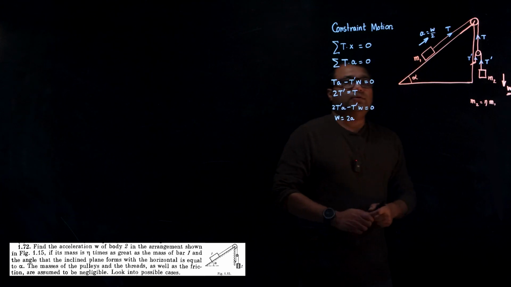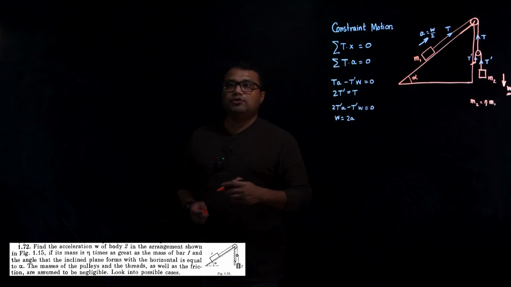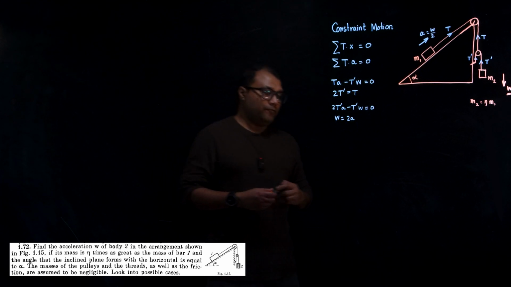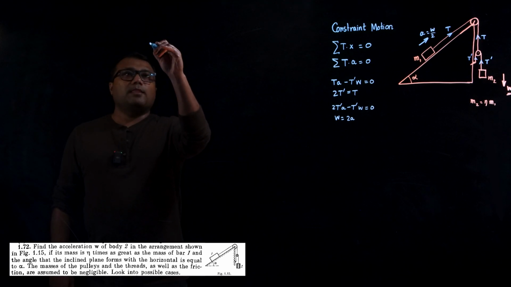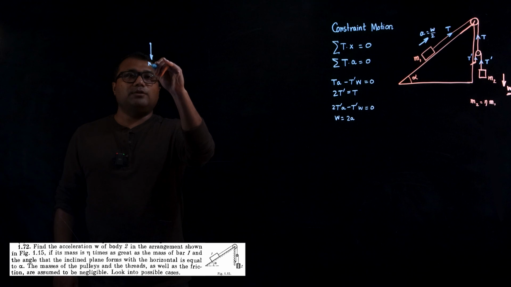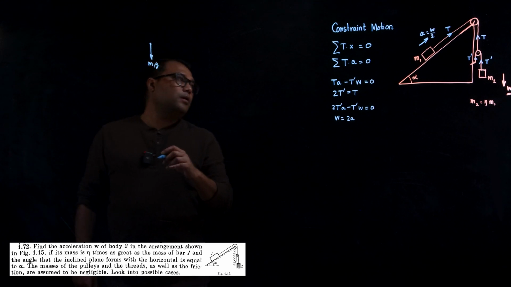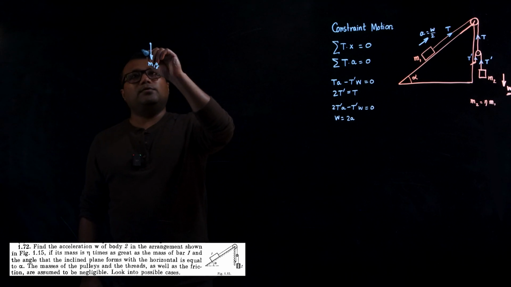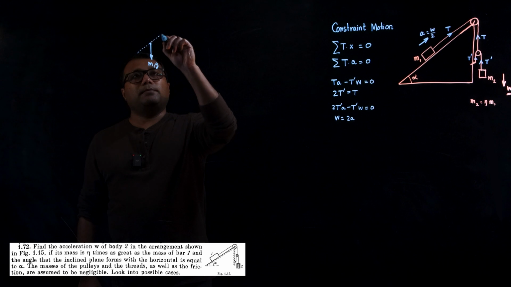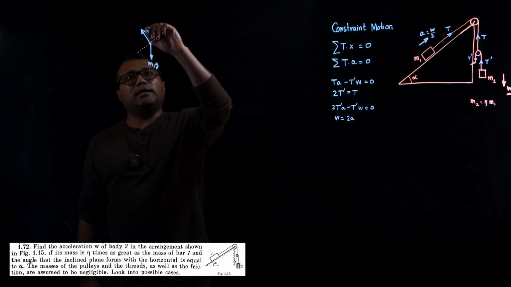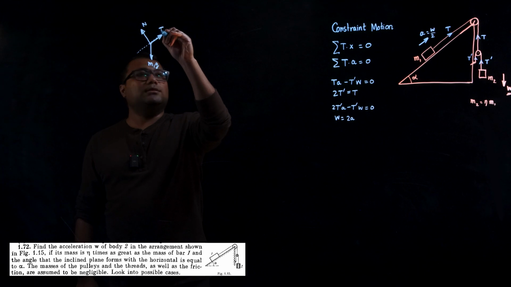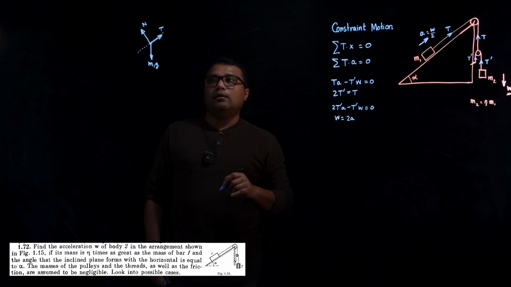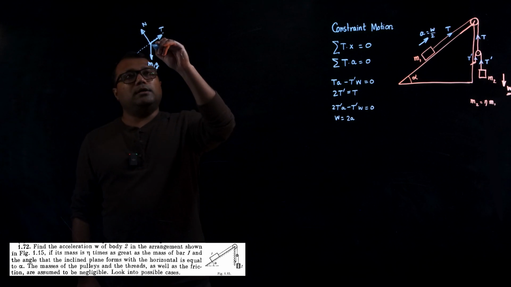All right. So, now that we have this, let's draw the free body diagram of M1 and M2. The free body diagram of M1 will have M1G this side. This is the inclined plane, so the normal reaction is like this. There is tension in the string like this, so T, and we know that this angle is alpha.